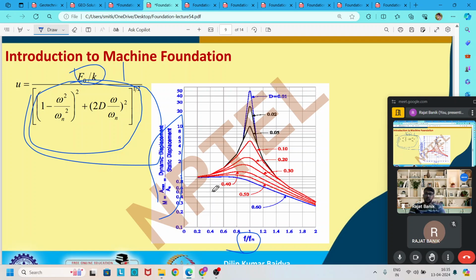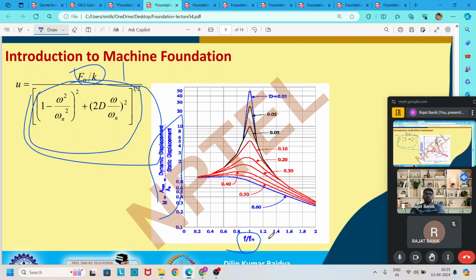So you see that for constant force, at a lower frequency ratio, the vibration starts from 1, but when the frequency ratio is equal to 1, there is a sudden increment in the vibration amplitude, and it mostly depends on the damping.